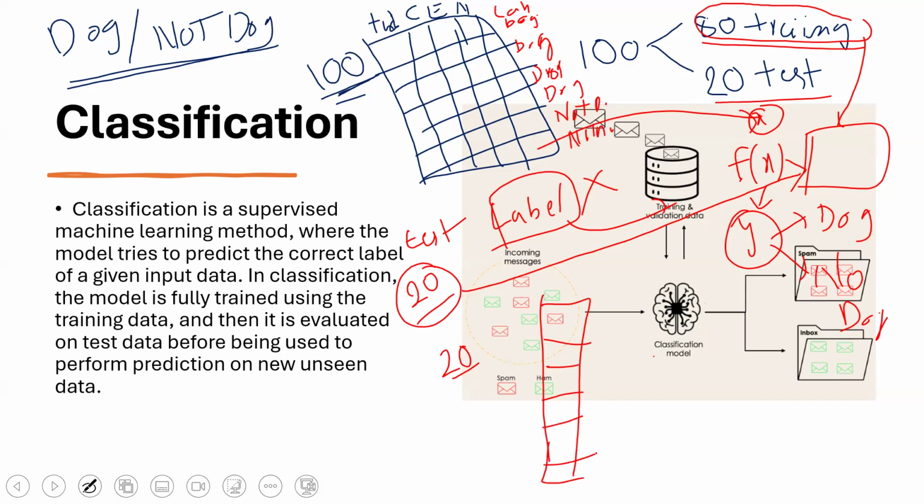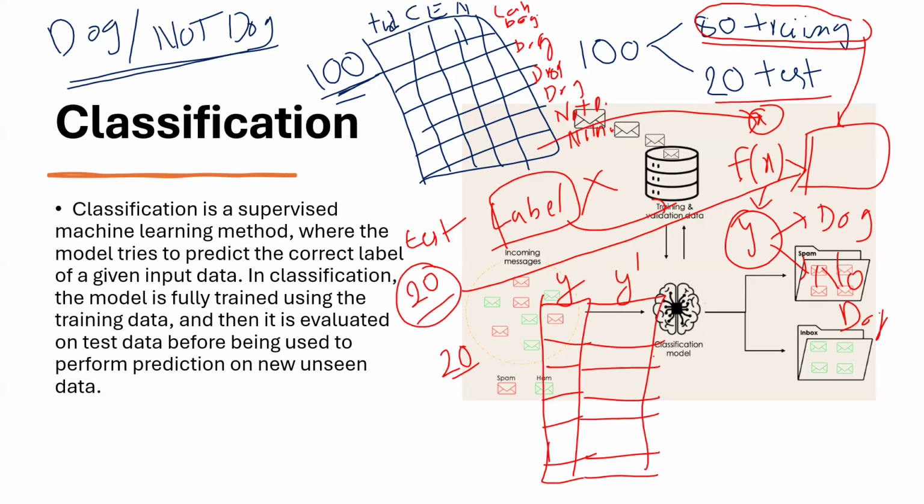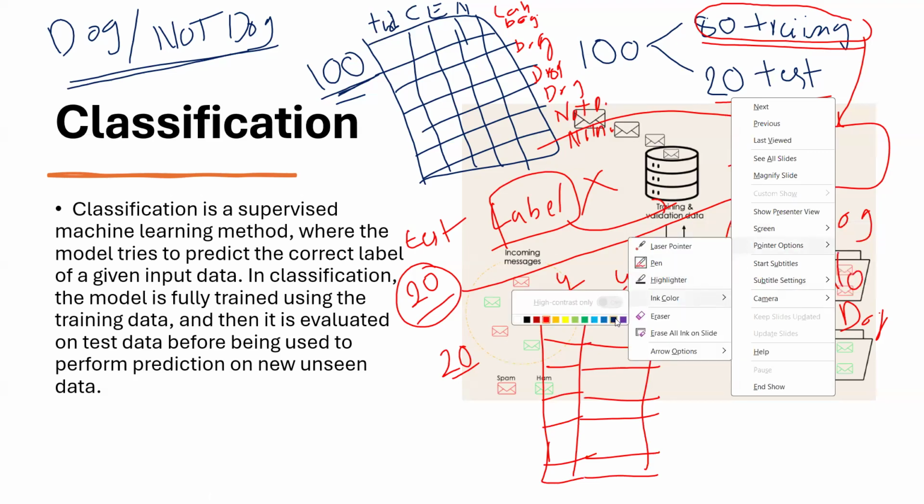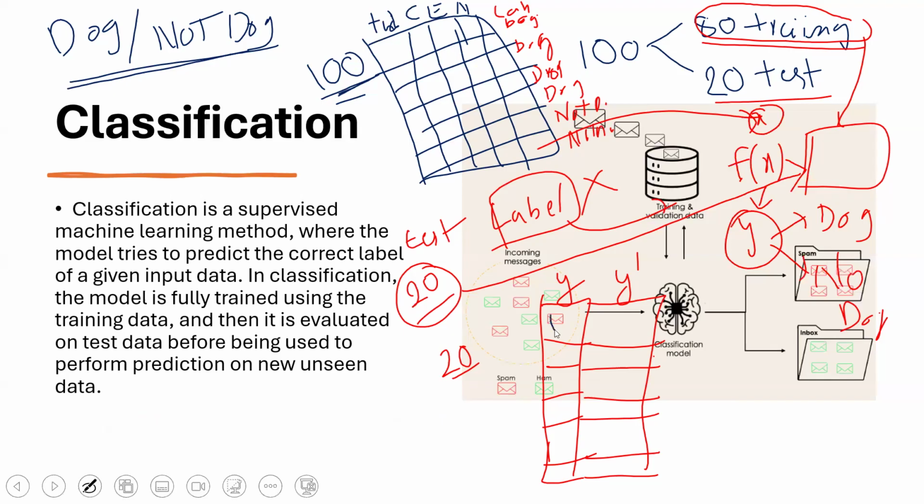I call this y dash, which is the output from the model, and y is the actual output. Now the actual output looks like this: this is dog, this is dog, this is no dog, this is dog, this is no dog, this is no dog.